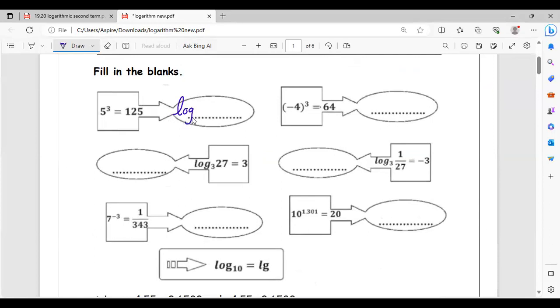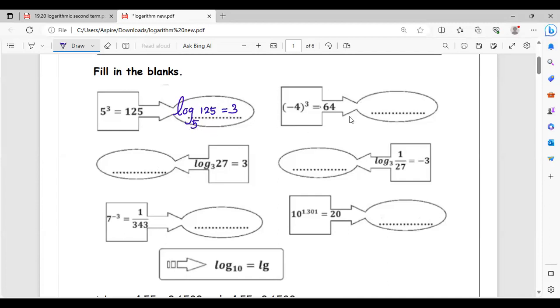Then we write the base. Base is in the tail of the g. Logarithm of 125. We write the answer in index form within the log term, and it is equal to the index, which is 3. Then we read this as logarithm of 125 to the base 5 is equal to 3.